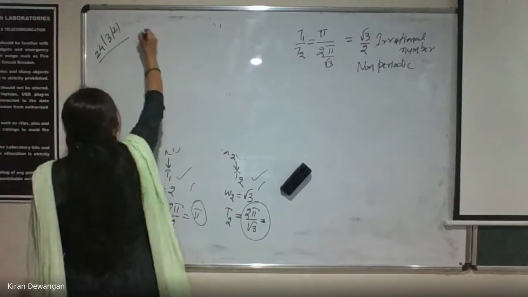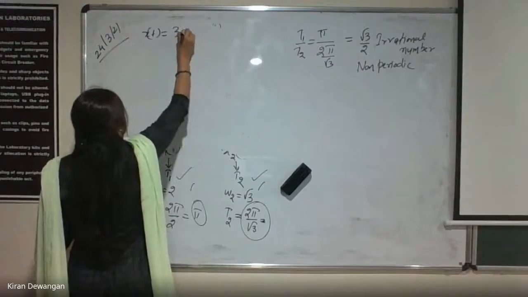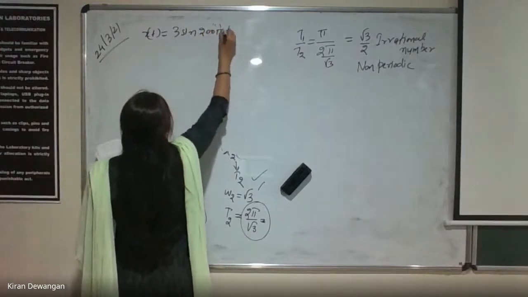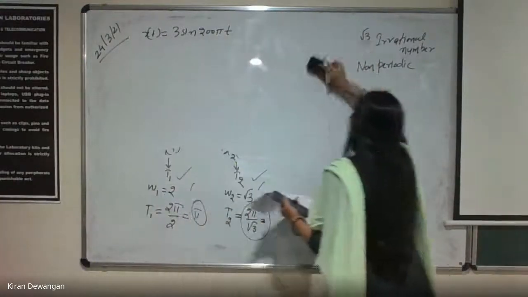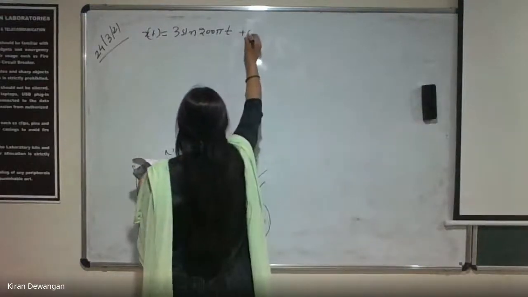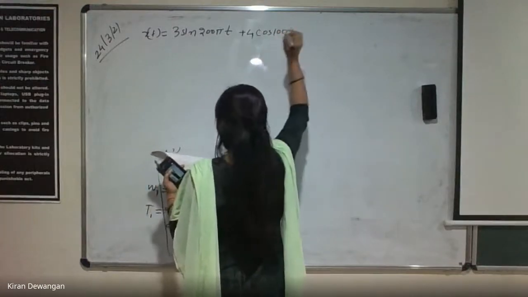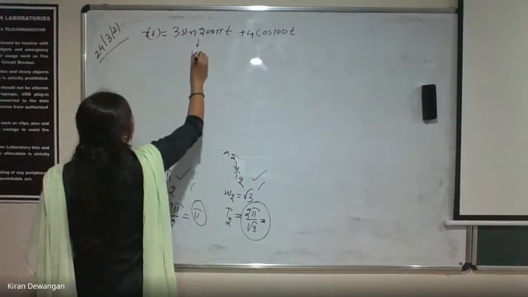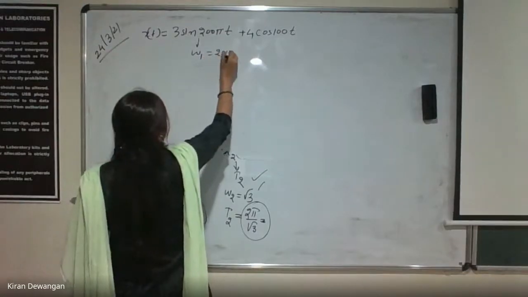Let my x(t) be 3 sin 200 pi t, clear? Plus 4 cos 100 t. Now in this case, what is my omega 1? It is directly 200 pi.